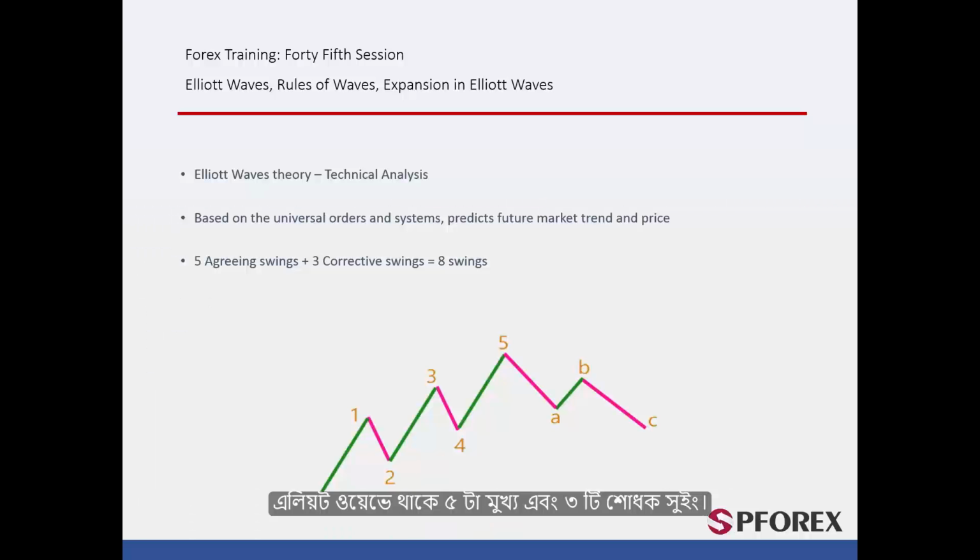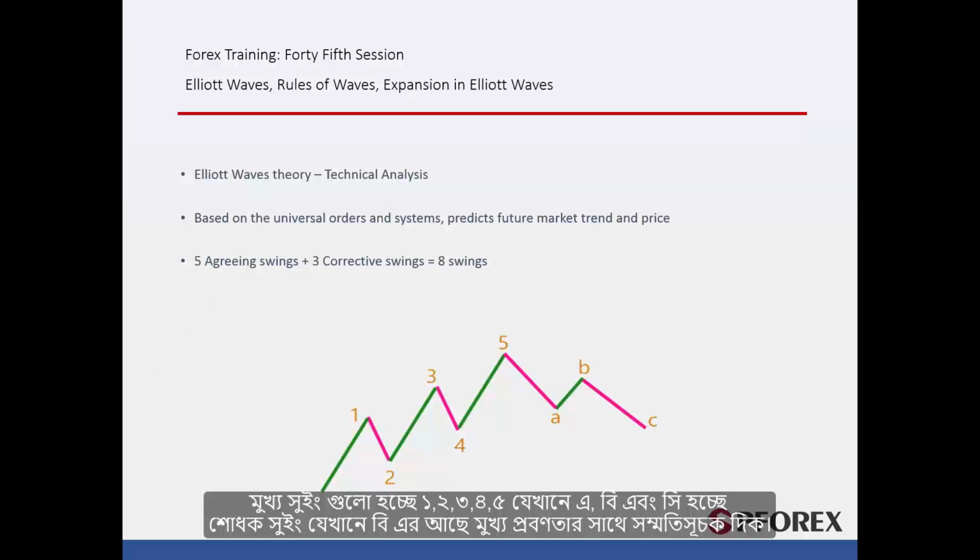Elliott waves include 5 major and 3 corrective swings. Numbers 3, 5 and 8 are available in the Fibonacci sequence. The major swings are 1, 2, 3, 4, 5, while A, B and C are corrective swings, in which B has an agreeing direction with the major trend.